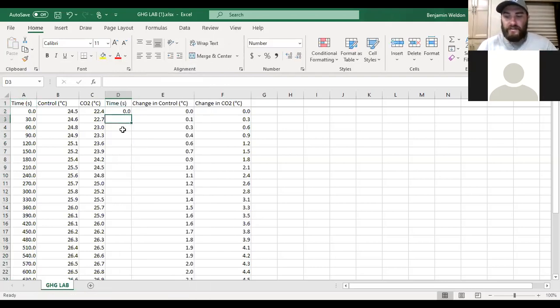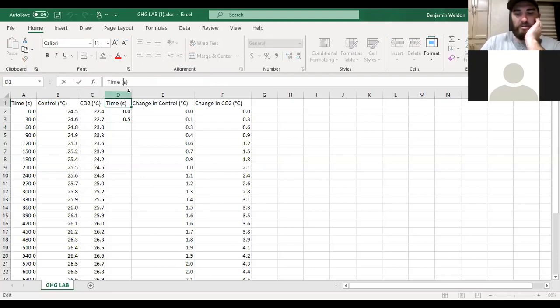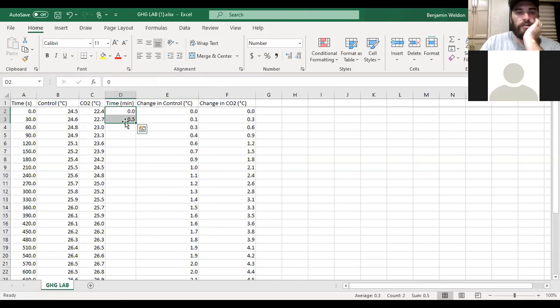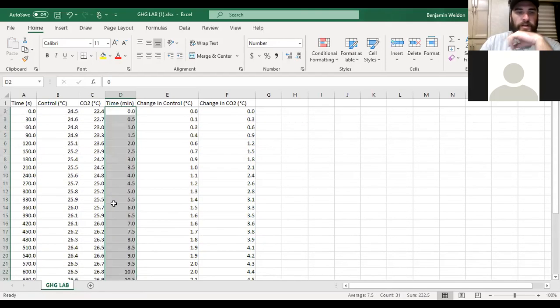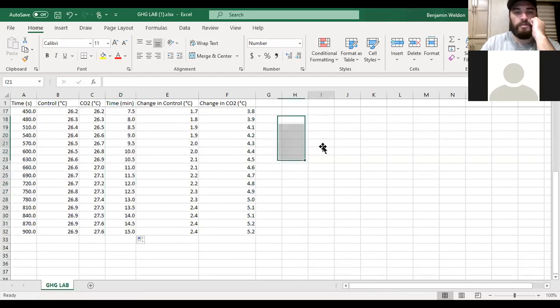And so instead of doing it in 900 seconds, I'm just going to do it in minutes. It's up to you if you want to do it in minutes or seconds. That is completely up to you. But to do that, if you just highlight these two, I'll make them in both so you can see. If you just highlight all the way to the bottom, it's going to drag this formula and just count up the whole way.